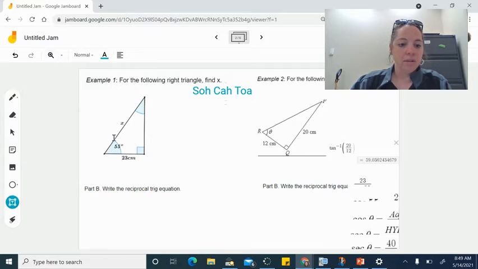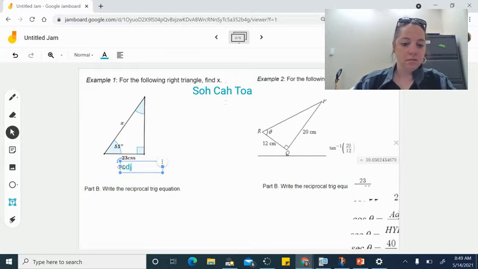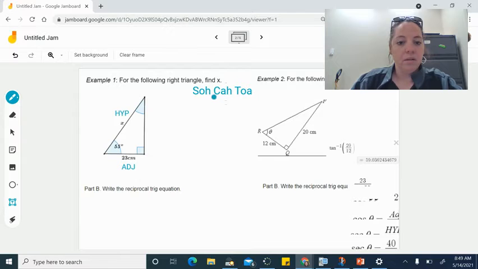All right, well, let's label some stuff. According to this angle here, this 23 would be the adjacent side. And this side up here is your hypotenuse. So which one of these uses adjacent and hypotenuse? Well, that would be cosine.